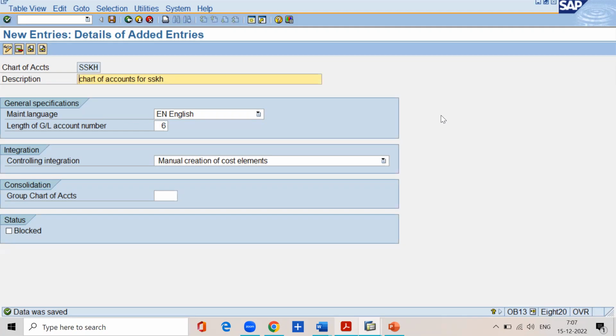Next, number two, automatic creation of cost elements.